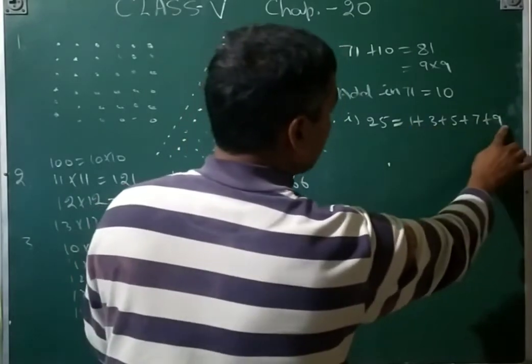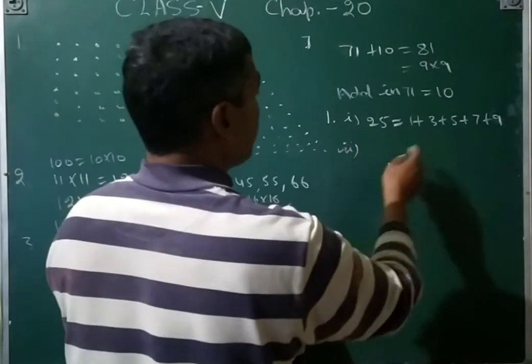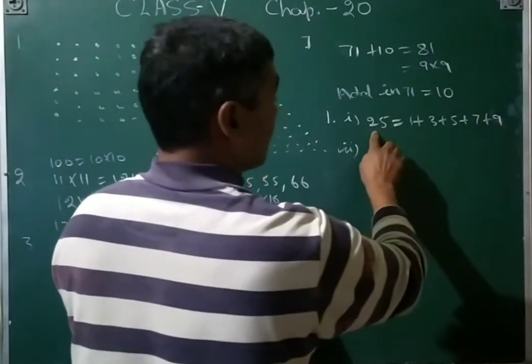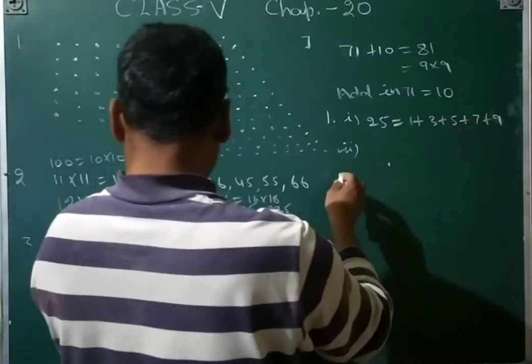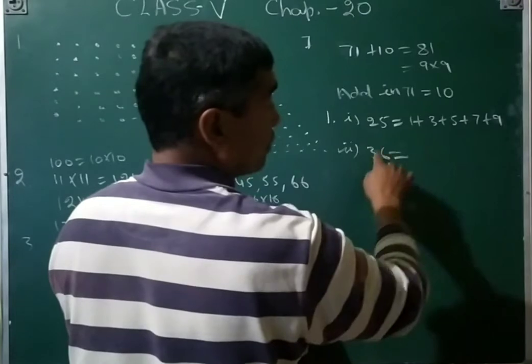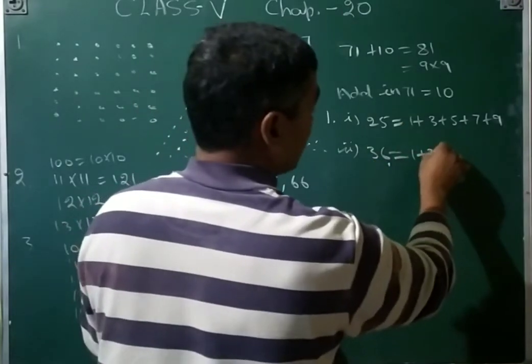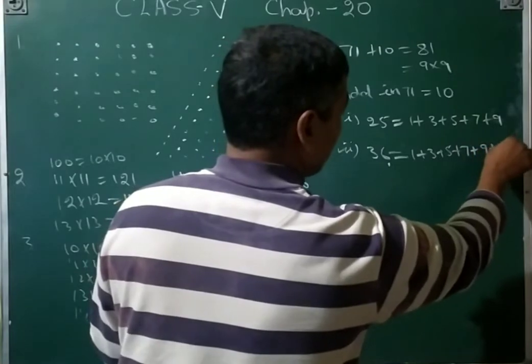When you add these numbers, it must become this one. Second part: why have we written up to 9? Because 5 times 5 is 25, so we write 1, 2, 3, 4, 5 terms here. And then 36, that is 6 sixes are 36. So we will write 6 terms: 1 plus 3 plus 5 plus 7 plus 9 plus 11.